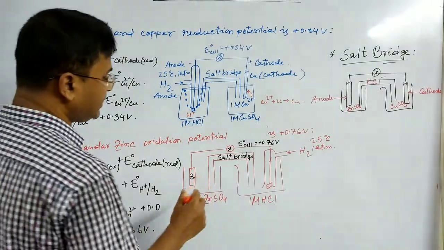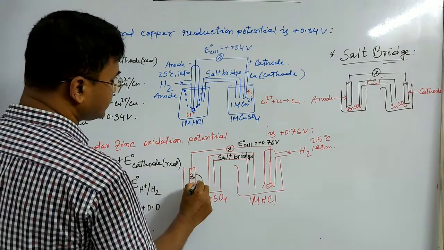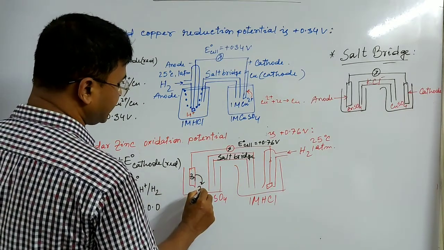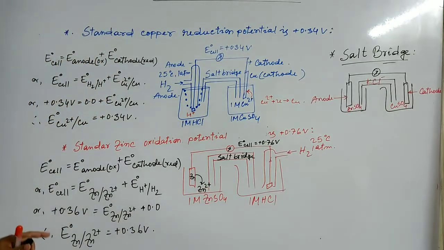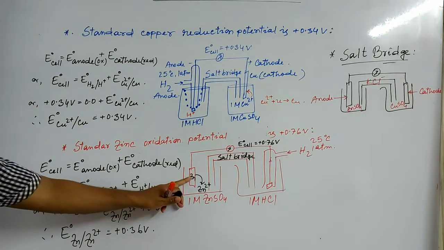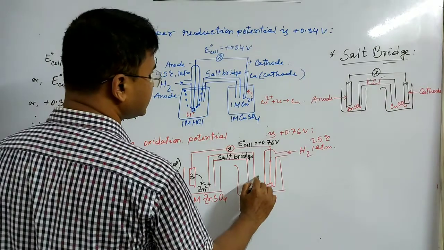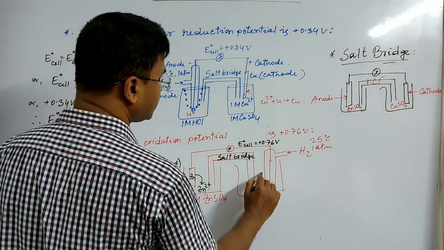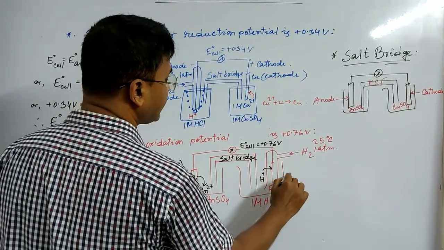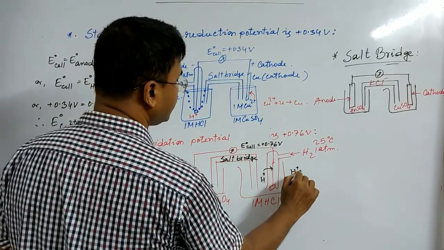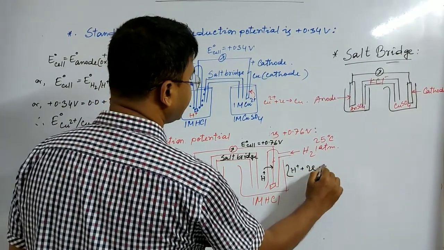Here actually zinc converts into zinc 2 plus ion by releasing 2 electrons. So I can write here Zn slash Zn 2 plus, and after the chemical reaction H plus ion goes to the cathode and accepts electrons to form hydrogen gas.